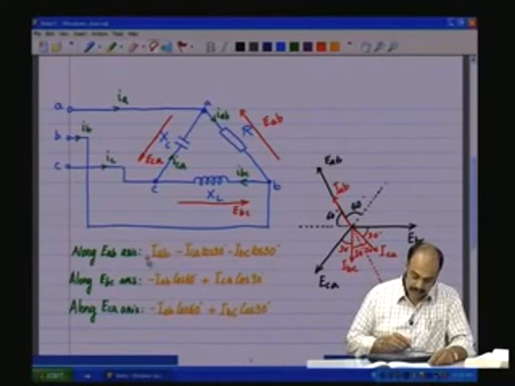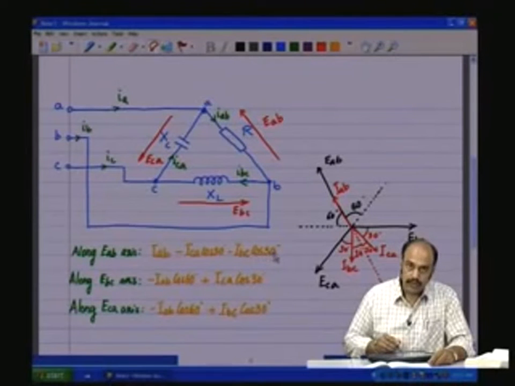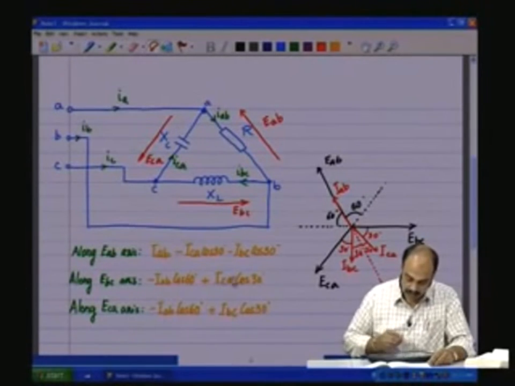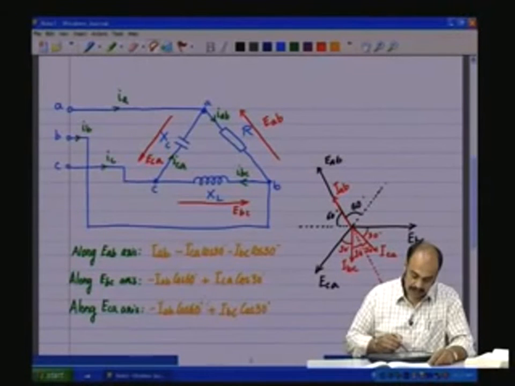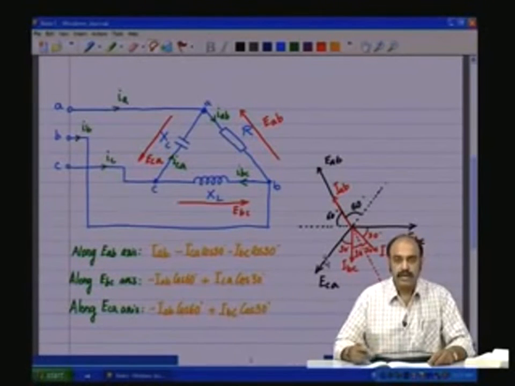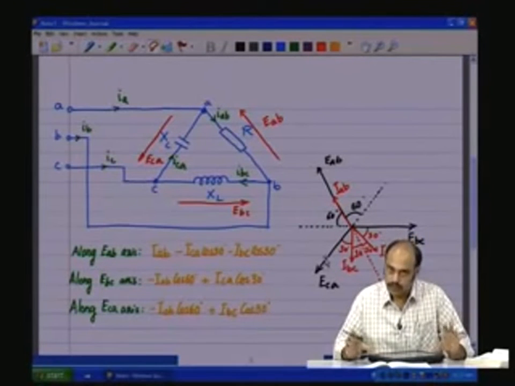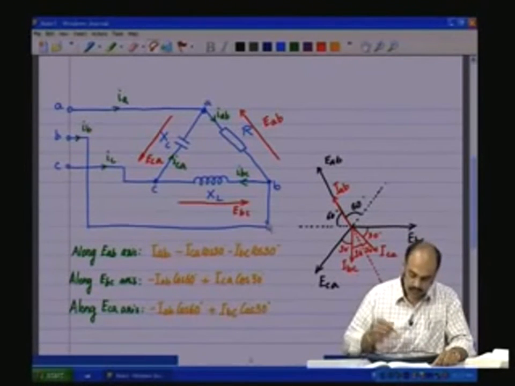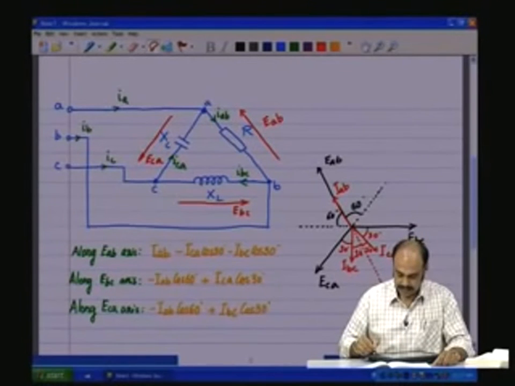So, for that, the equivalent current along the AB axis, along the BC axis, and along the CA axis should all be of equal value. So, let us equate these two, and then this with this. Let us see what happens.